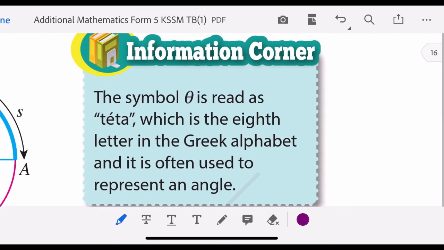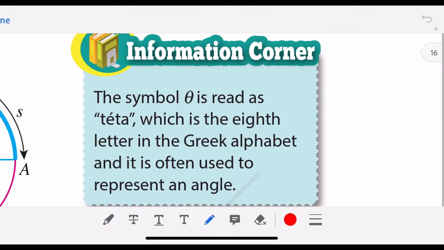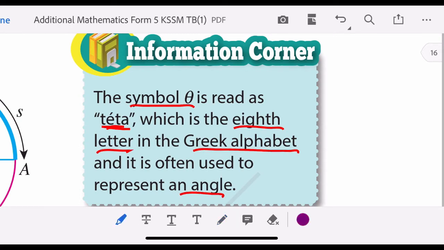Let's have a look at the information corner. The symbol theta is read as theta, which is the 8th letter in the Greek alphabet and is often used to represent an angle.